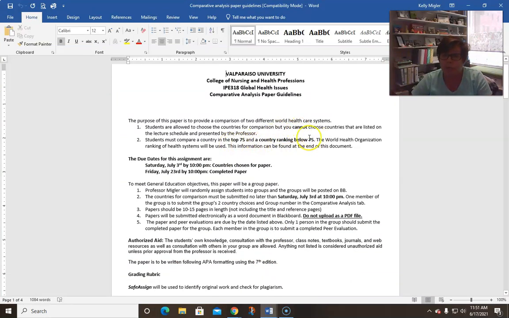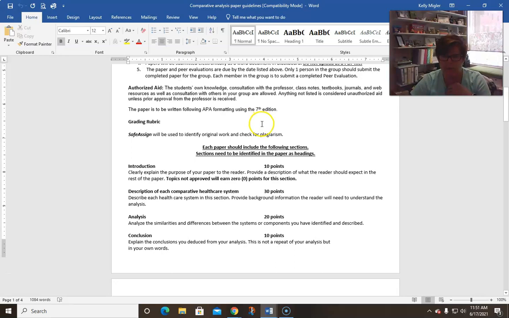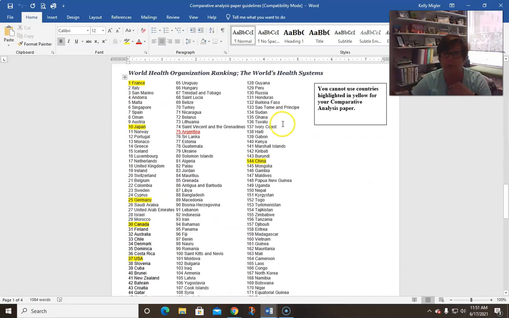Now, the important thing to recognize and to know and follow is you are going to compare a healthcare system that is in the higher ranking and in the lower ranking, to compare and see what differences and maybe what makes this healthcare system better than this one, or how are their resources. So you're comparing 2 healthcare systems that one is ranked higher, one is ranked lower. They are ranked by the World Health Organization, and that document is included.